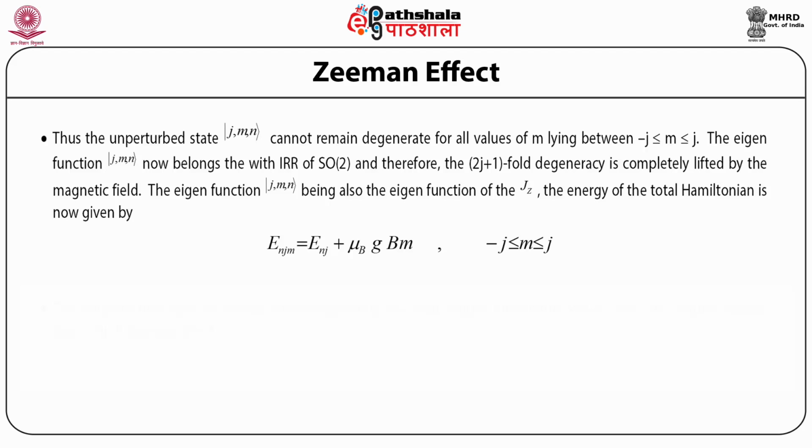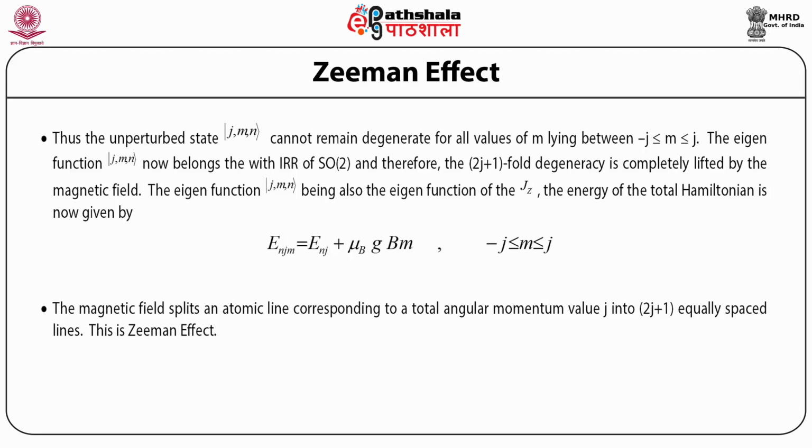If the magnetic field is in the z direction, then it is the z component of the angular momentum which contributes, which has the eigenvalue M. Thus the total energy E_nJM in the presence of the magnetic field, which is assumed here to be along the direction z, is equal to E_nJ plus mu_B g B M, where g is the gyromagnetic ratio.